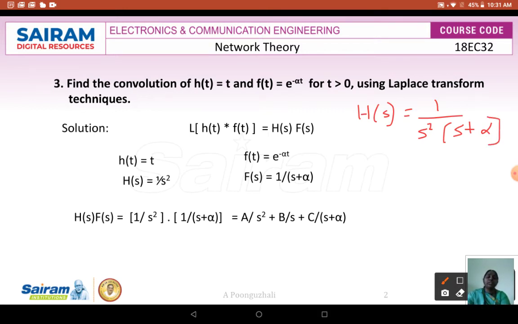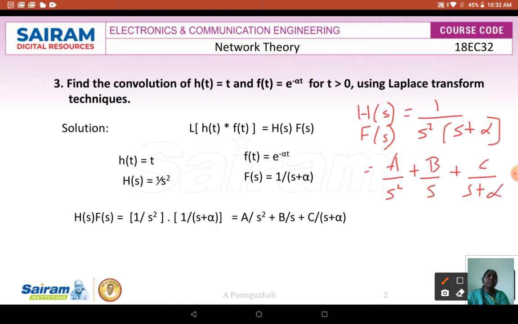To find the convoluted value, h of t convoluted with f of t, we apply the inverse Laplace transform. The partial fraction is a by s square plus b by s plus c by s plus alpha.